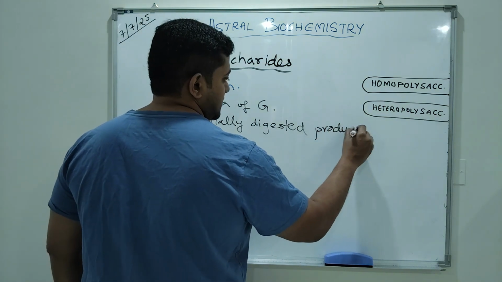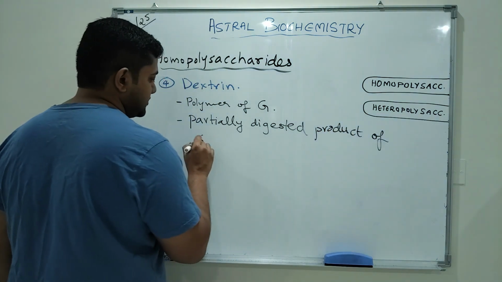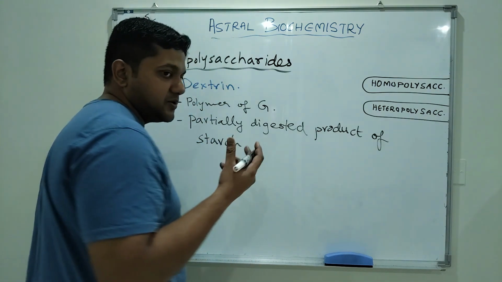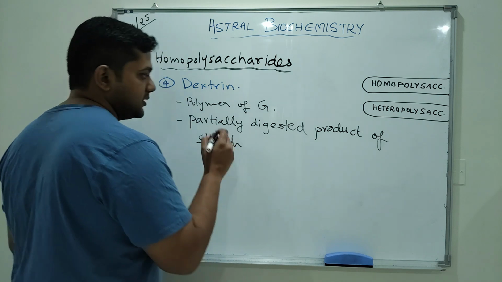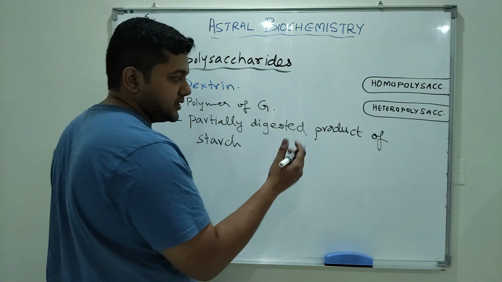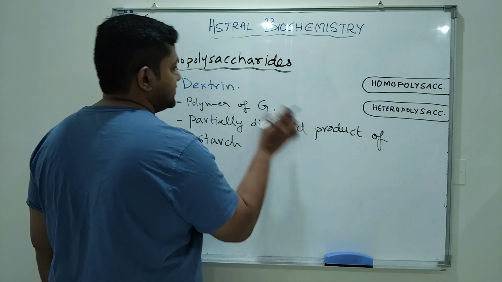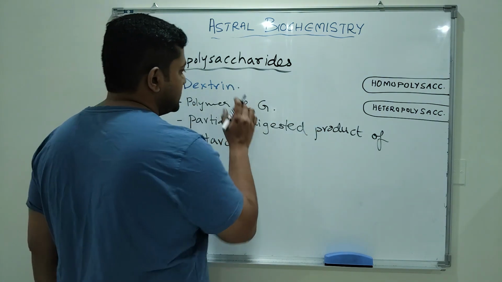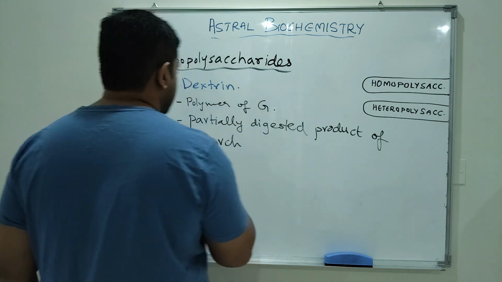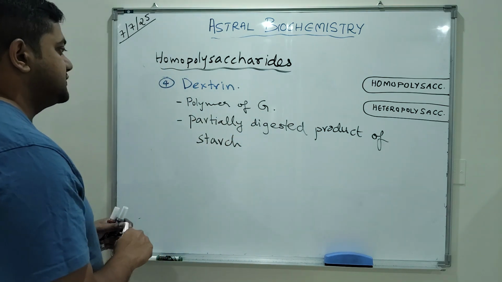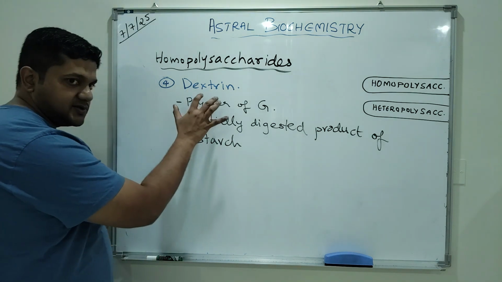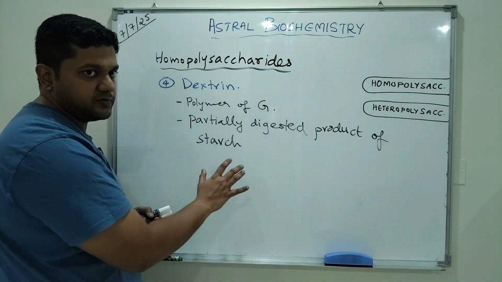So when you have starch containing foods like tapioca or any plant parts, the partial digestion of the starch content will happen and a partially digested product known as dextrin will be formed. Don't confuse it with dextran. Both of them are homopolysaccharides. Again, the linkage is not so important. Just understand that dextrin is a partially digested product of starch.